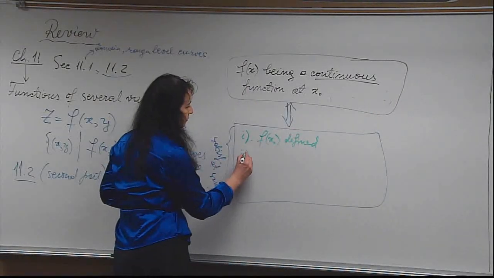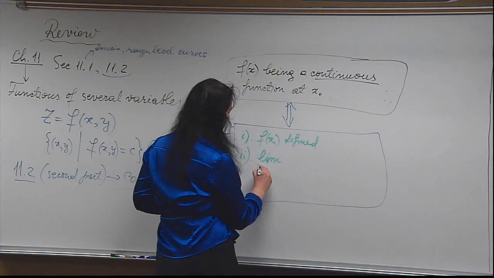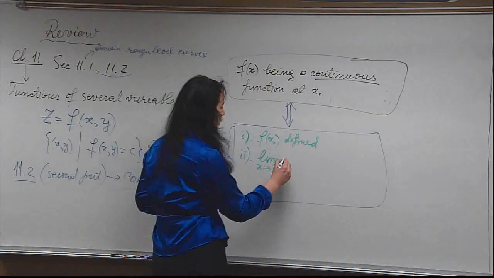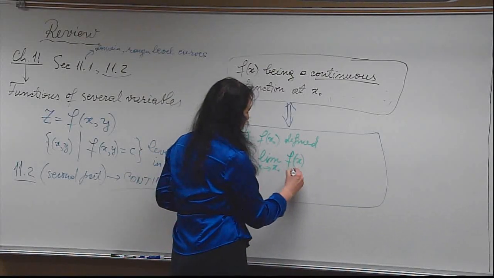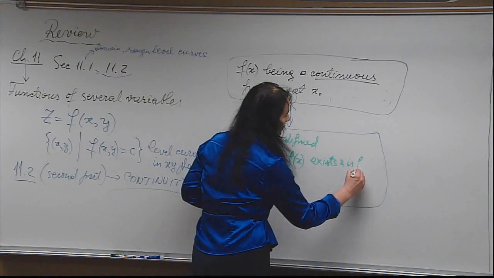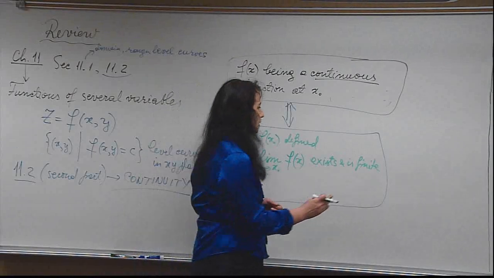2. The limit exists. Very good. Limit as I approach x0 with any kind of value closer and closer exists and is finite. Let's give it a name. Let's call it L. 3.